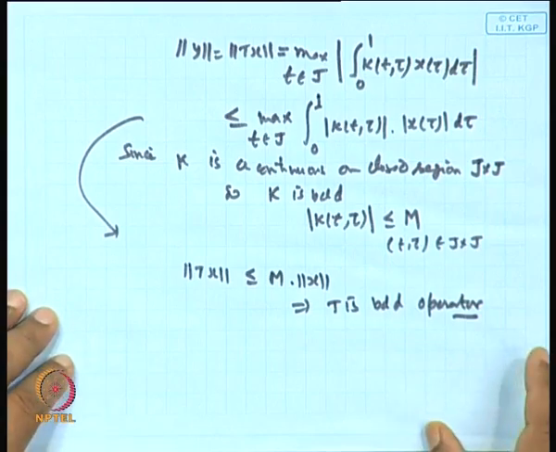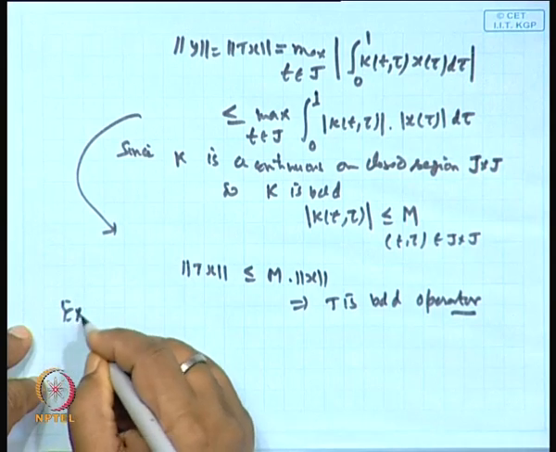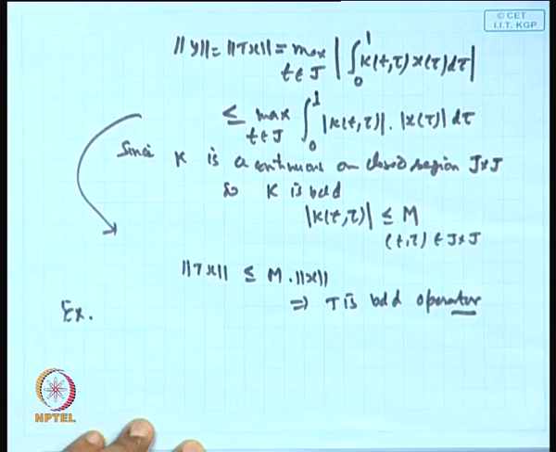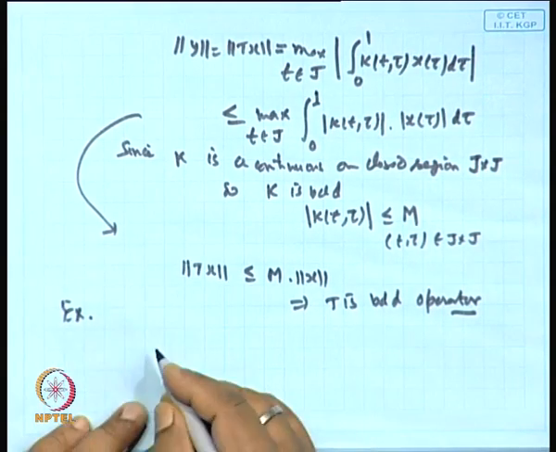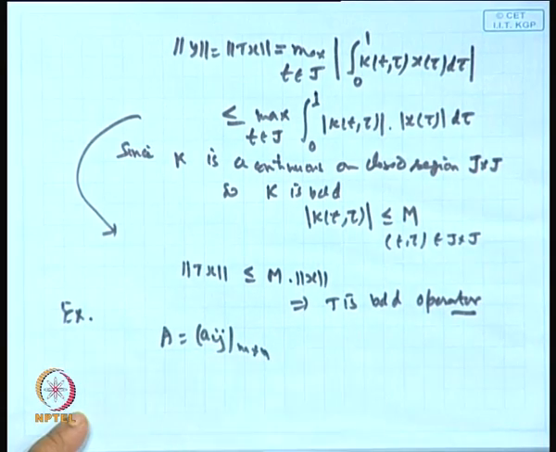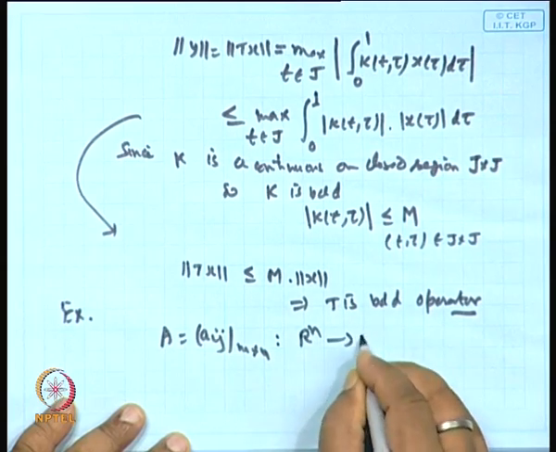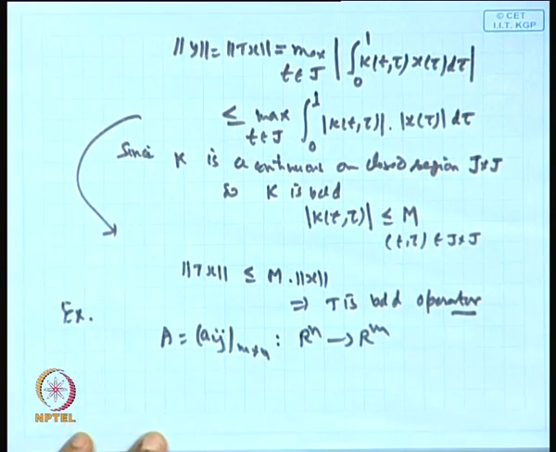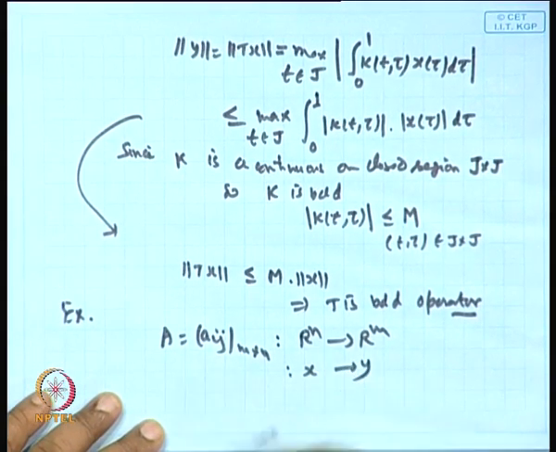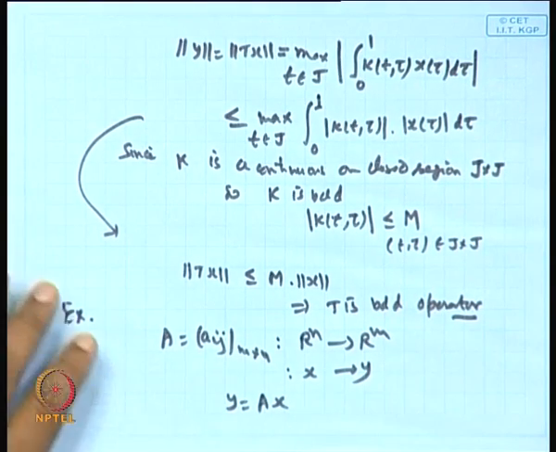Now, yesterday we also took one example of matrices. In fact, if A is a matrix of order m cross n, then it behaves as an operator from R^n to R^m, such that the image of x goes to y, where y is equal to Ax.